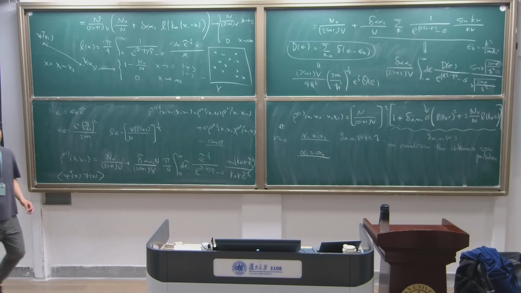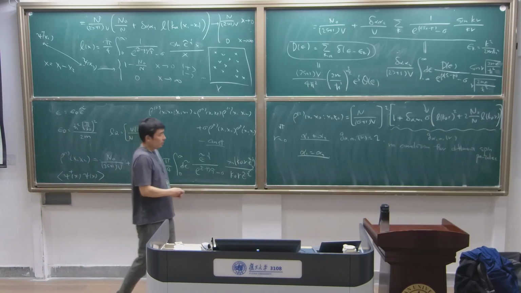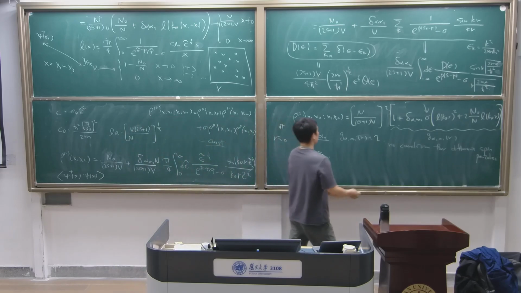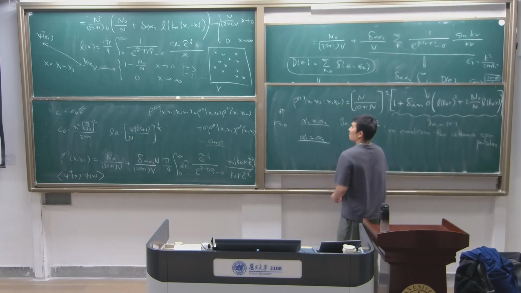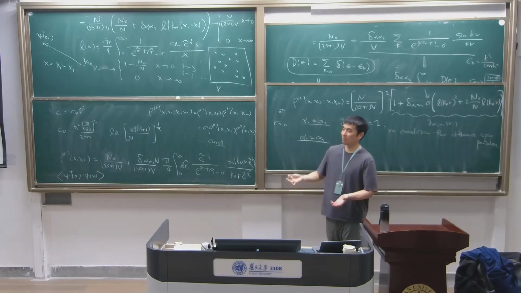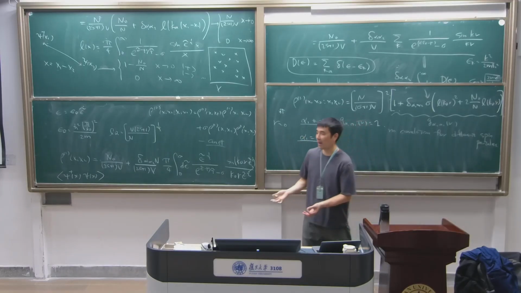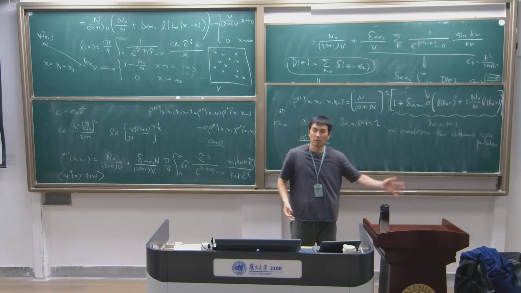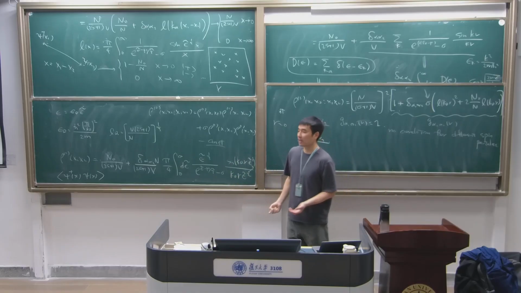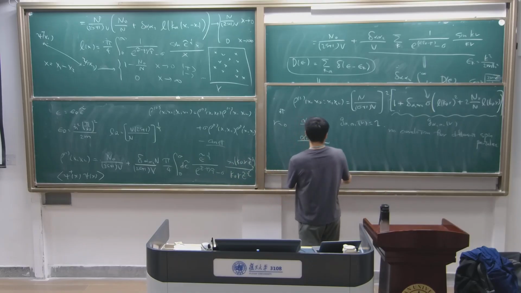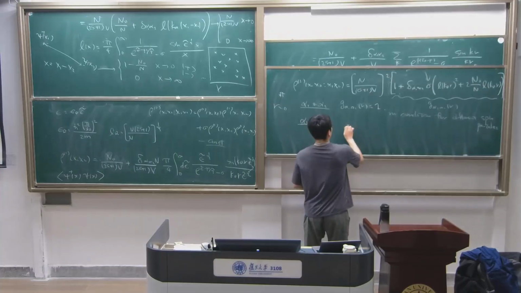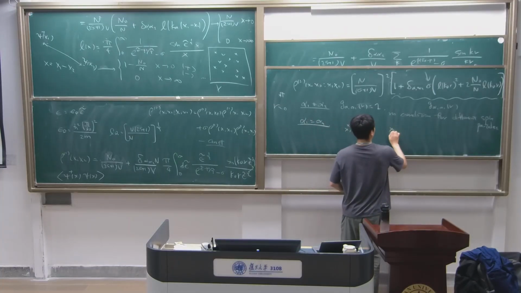So as I mentioned, rho 2 is the probability to find a pair of particles appearing at x1 and x2. So this is x1 and this is x2.